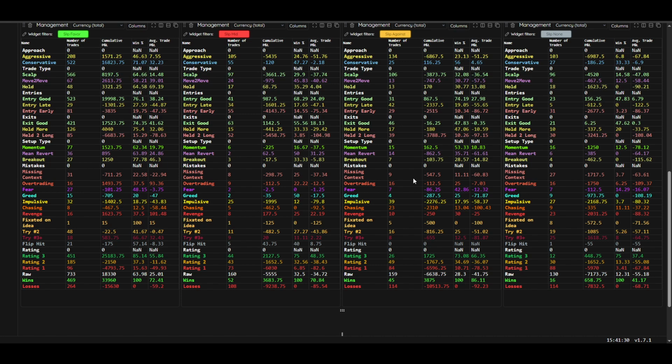Well, these are all management issues. I don't have ideal entry. Is this a long? I don't even have it labeled, so I don't know. Yeah. Against the reclaim.